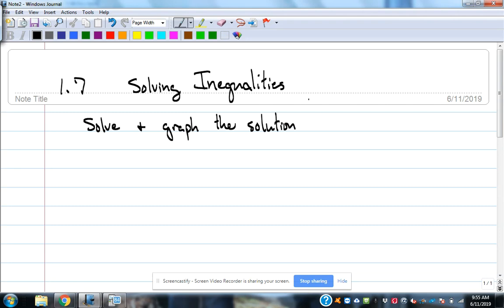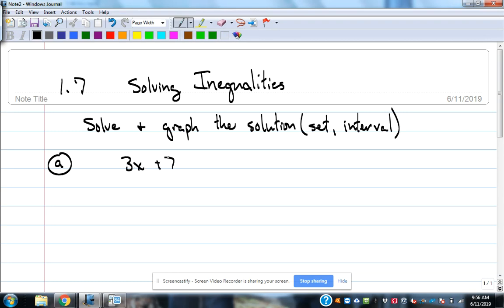All right, so we're going to write our solutions as a graph, and then in set notation and interval notation as well. We'll do all of those different ways of writing the answer, because this textbook tends to mix it up on what kind of answer they want. But the solving part's the easiest part. Okay, so real easy thing here.